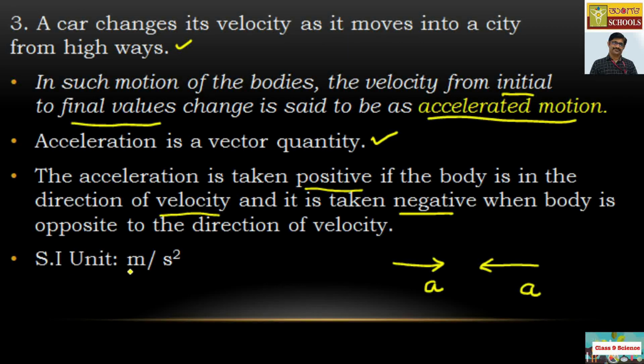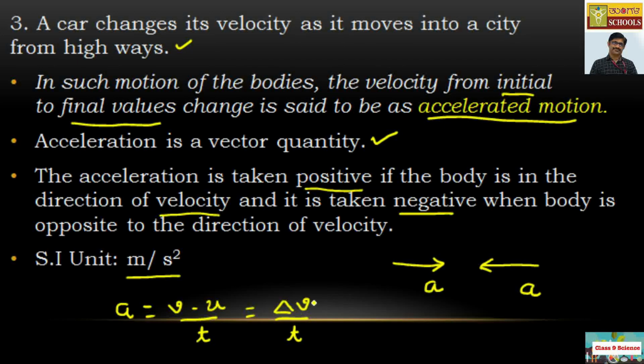How is the SI unit meter per second square for acceleration? We already defined acceleration a is equal to v minus u divided by t. This is change in velocity, you may call it delta v, divided by time.